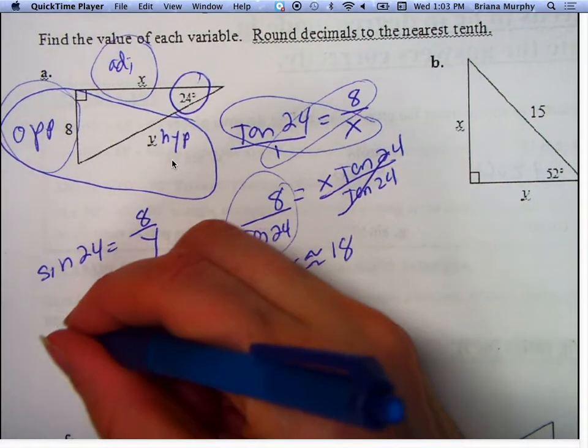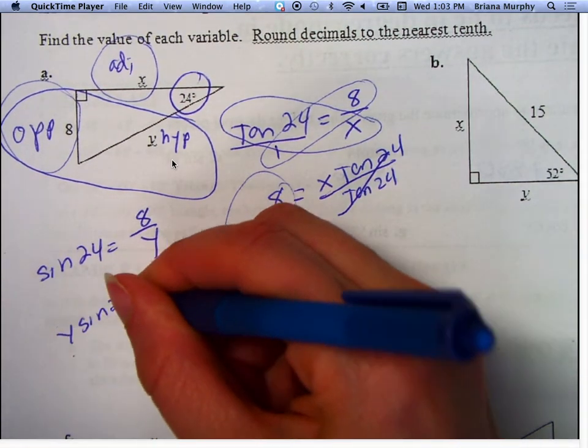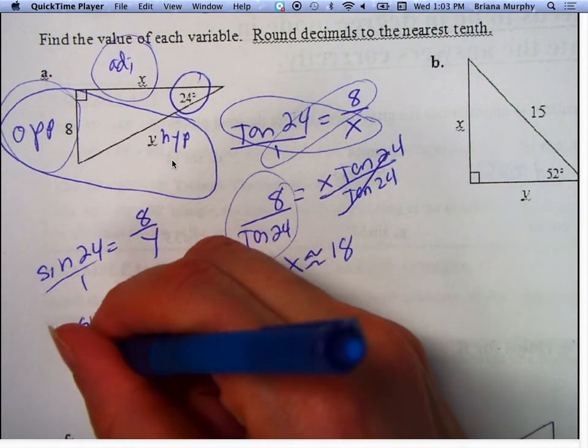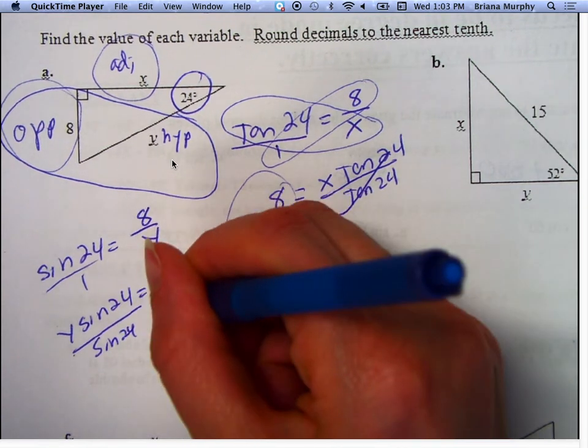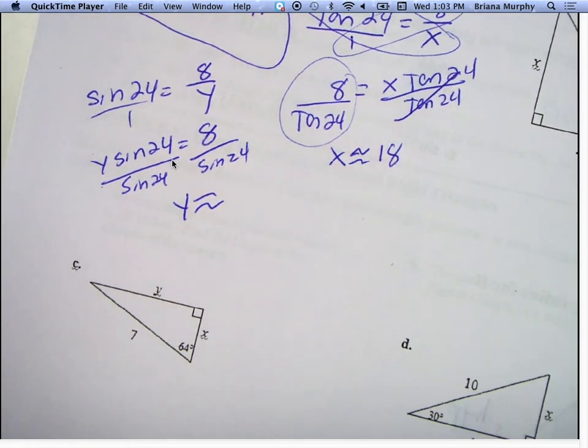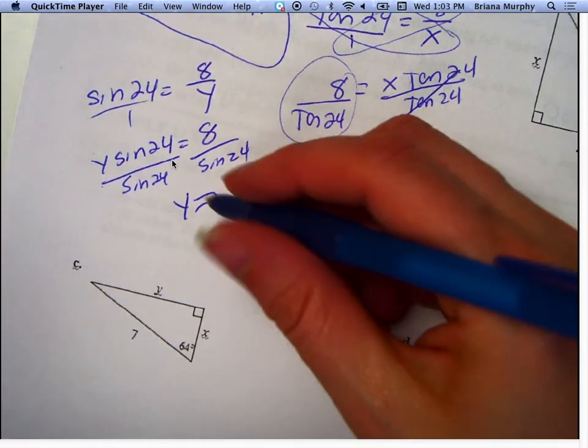So we get y sine 24 equals 8 because we multiplied by 1. Then we'll divide by the sine of 24. And we get y is approximately what? Remember we round to the nearest tenth. And I get 19.7.